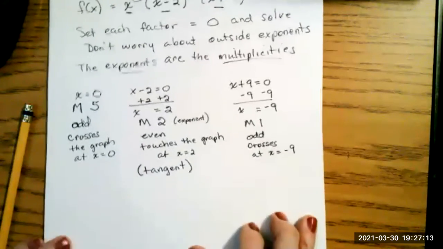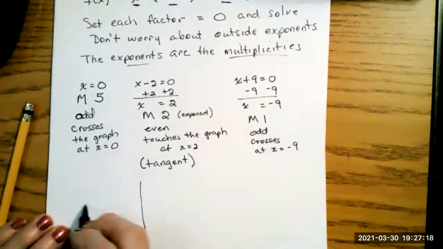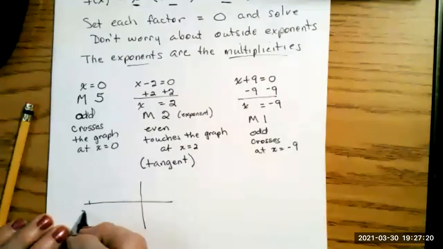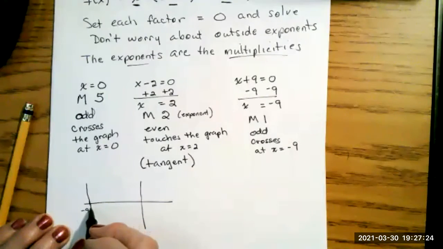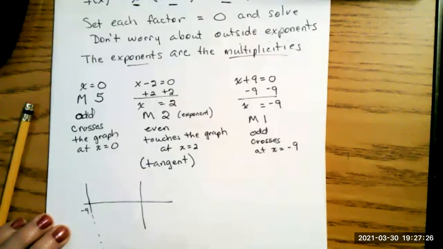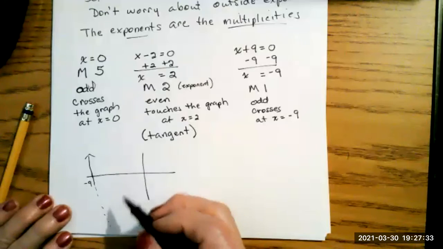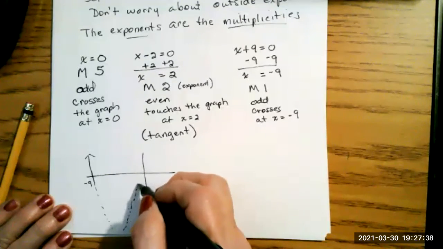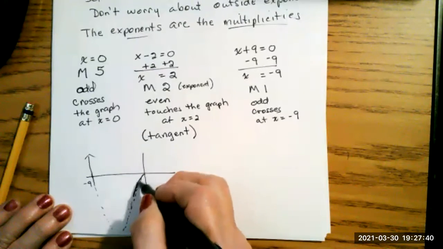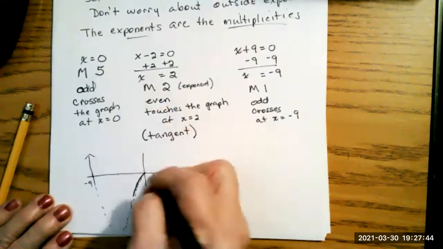Now, this is a graph, and I graphed it earlier, so I kind of know what it looks like. Down here at negative 9, this graph comes down through here at negative 9, and it goes way down somewhere. I can't even see the bottom of it on my graph. But then it comes back up, and it crosses at 0. Right there, that 0.